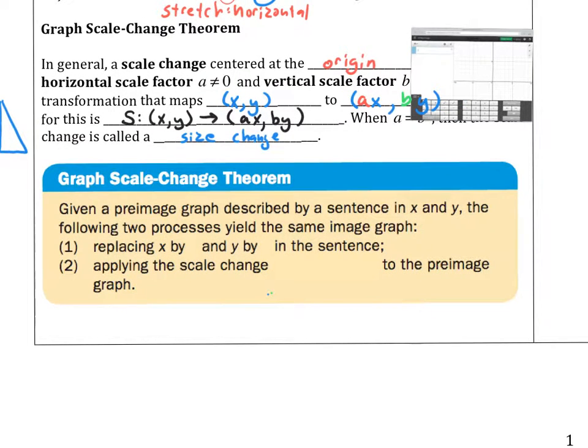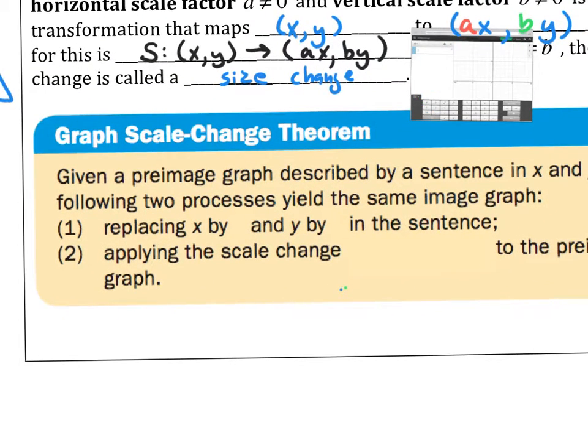All right, so this is going to look very similar to the previous theorem about the sliding and the translation. So let's see. Given a pre-image graph described by the sentence in x and y, the following two processes yield the same image graph: replacing x by x divided by a and y by y divided by b in the sentence.